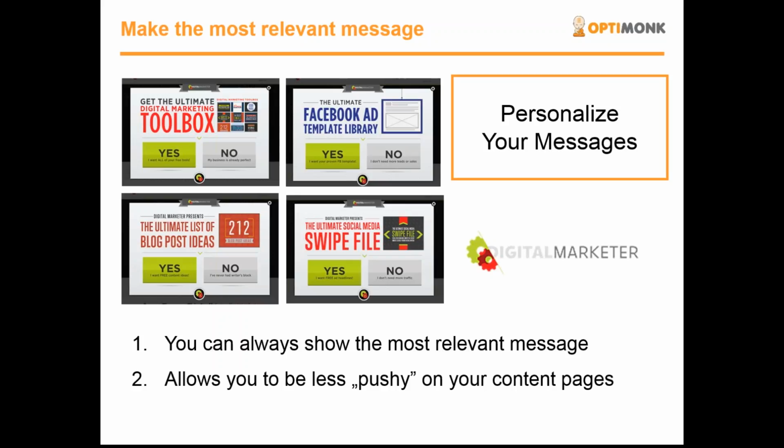And only if the user is not reading about some specific topic, but is on some generic page of their website, only in this case will they promote the generic offer, which is this Digital Marketer toolbox. By always promoting the most relevant message, they could increase the conversions of these messages by about 50%.